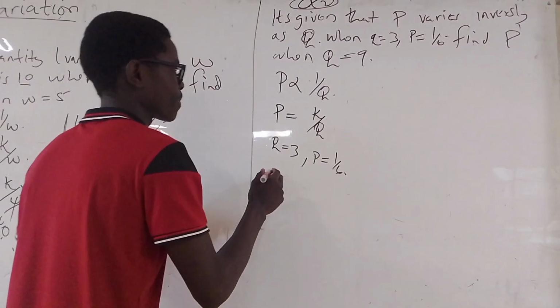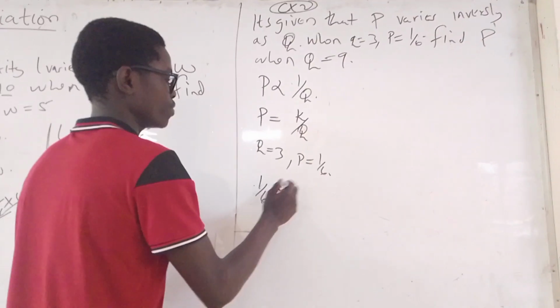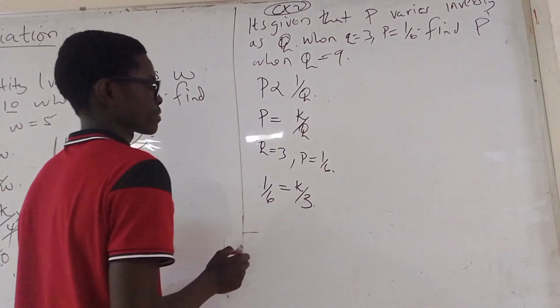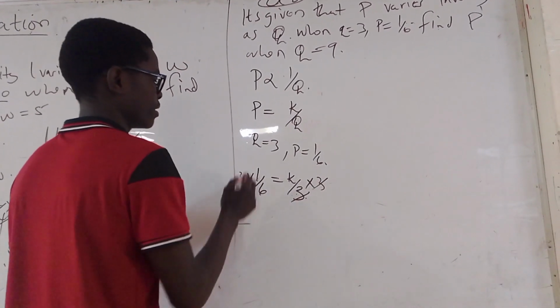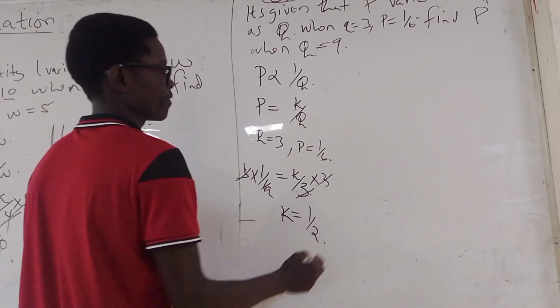So we say 1 over 6 is equal to K over 3. Then multiply by 3 on both sides. So K is equal to a half.